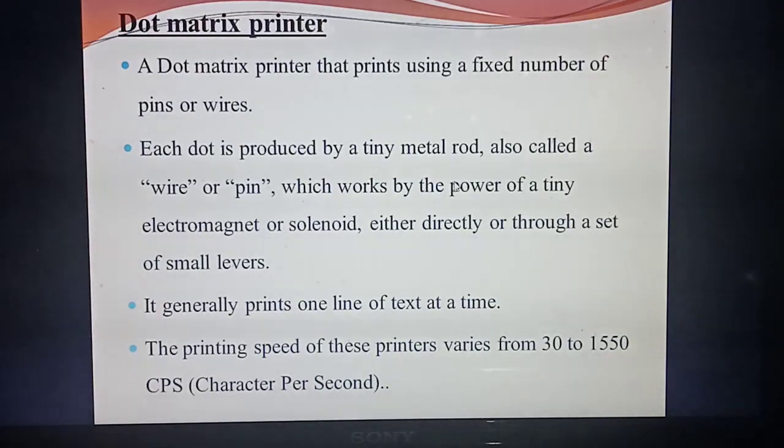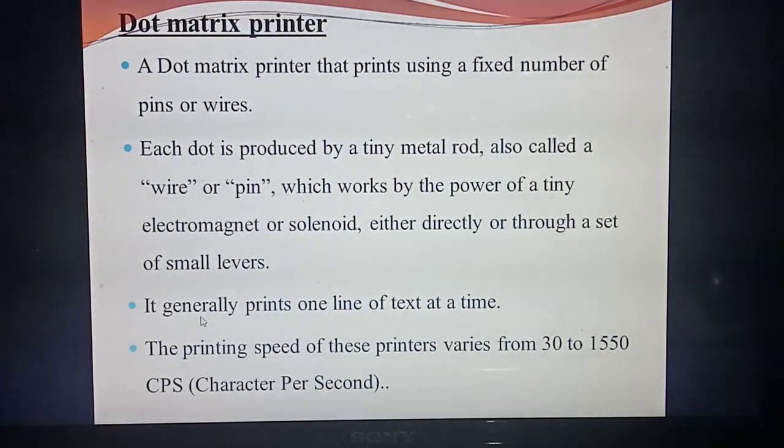Likewise, in the dot matrix printer a small tiny metal rod, called a wire or pin, is there. It works using an electromagnet called a solenoid. You might have studied this in physics. This electromagnet or solenoid is directly connected to small levers, a small lever-like structure.